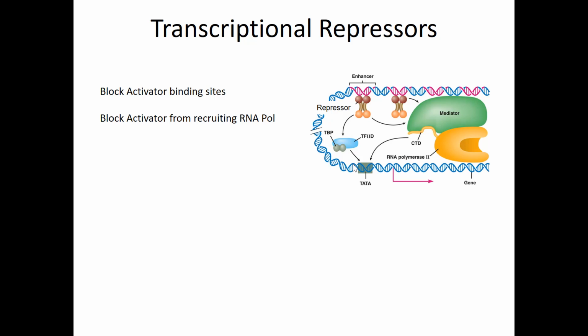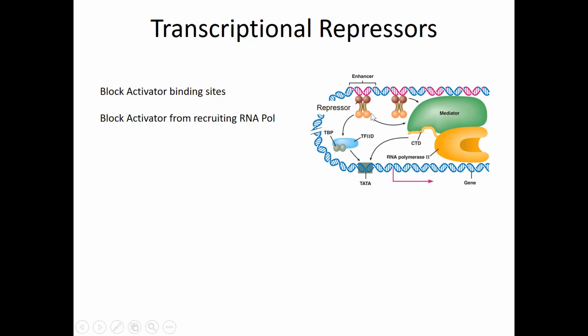You can actually slow this down. You can repress it, not completely eliminate the transcription. You can repress it by having a repressor protein block activators from binding to the enhancer.